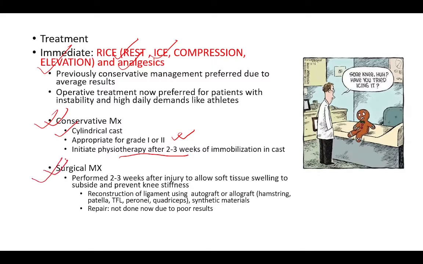Surgical management is always performed in a delayed manner and never in an acute setting. It is done 2 to 3 weeks following injury to allow the soft tissue swelling to subside and prevent knee stiffness. The reconstruction of ACL or PCL can be done using autografts or allografts such as the hamstring, patella, TFL, peronei, quadriceps, or even some synthetic materials.